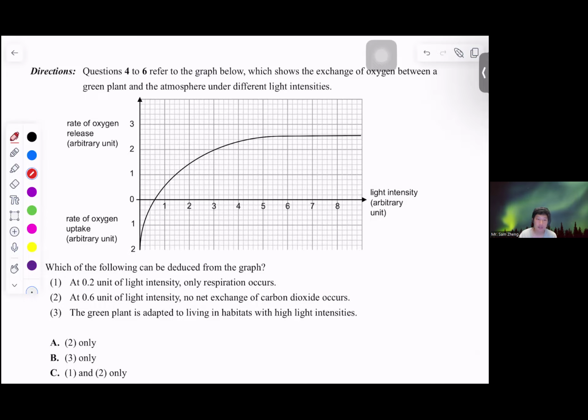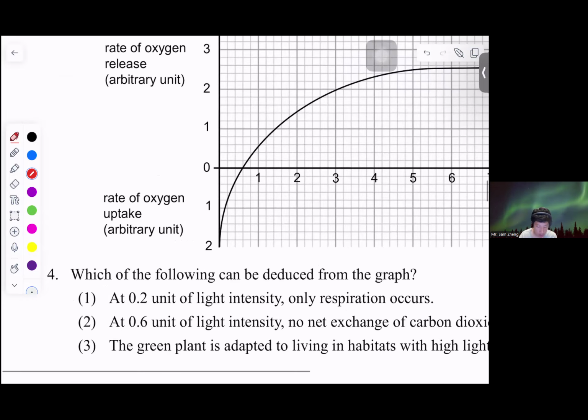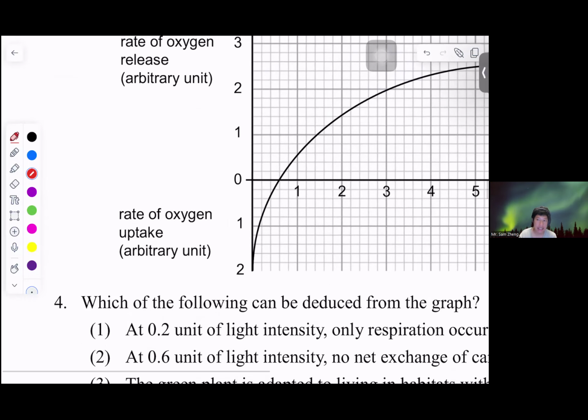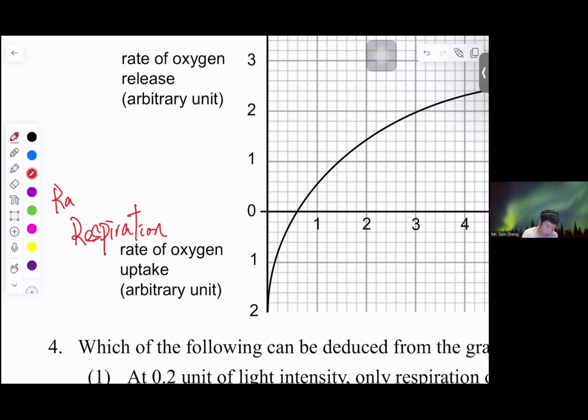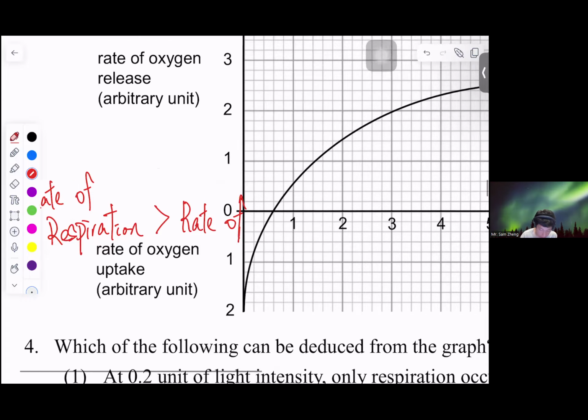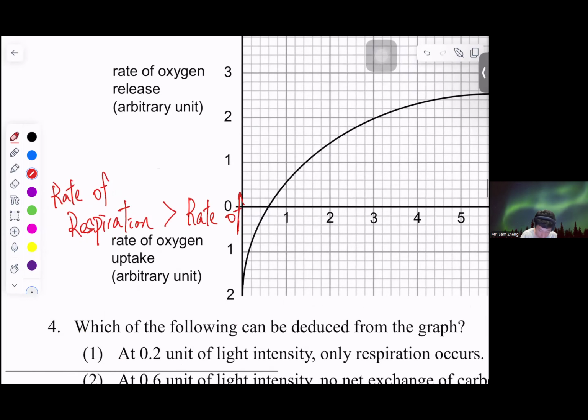First of all, let us quickly have a look here. If there is a higher rate of oxygen uptake, it means that the rate of respiration is higher than the rate of photosynthesis.